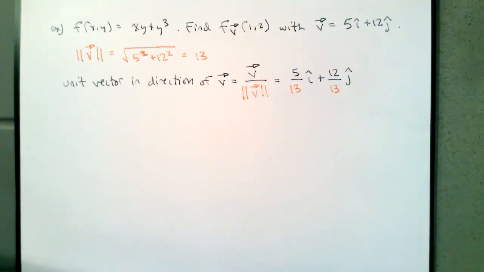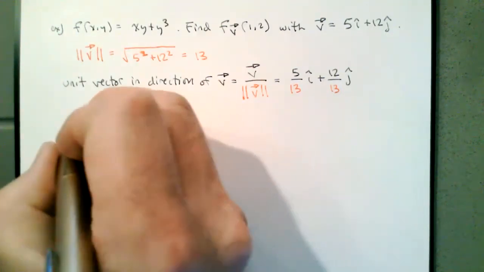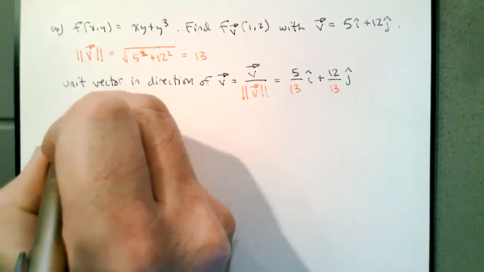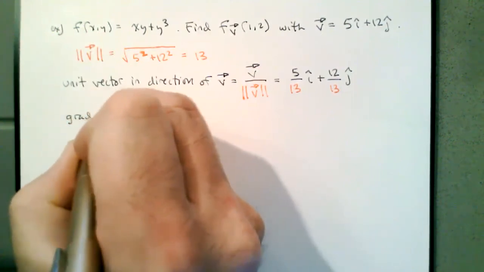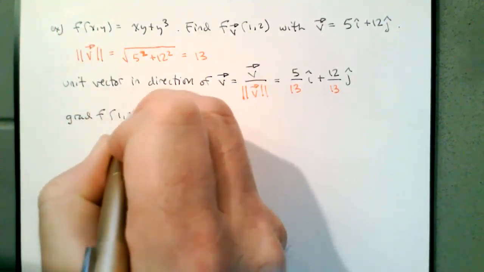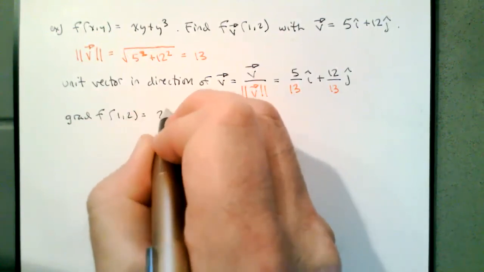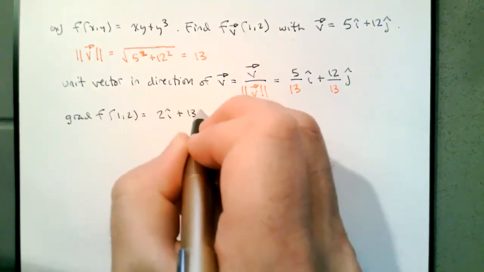The reason that we want to do this is that the dot product will carry as a factor the length of the vector. So recall that the gradient of f at the point 1, 2 was 2i plus 13j.